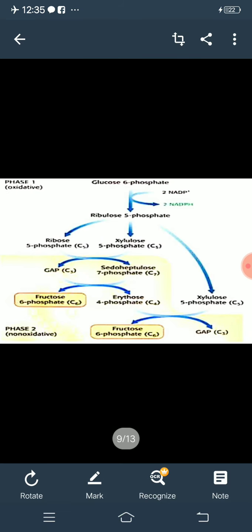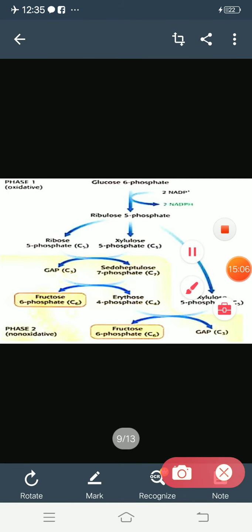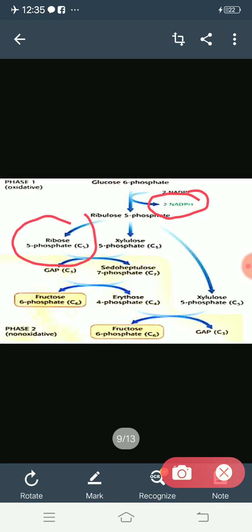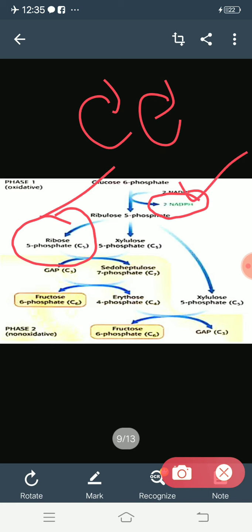What is the net production of this pathway? The net production is NADPH and ribose 5-phosphate. To produce these two molecules, this cycle will run again and again.